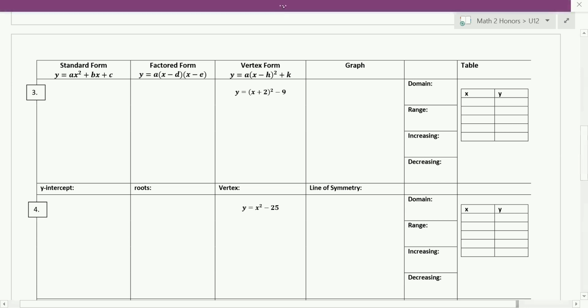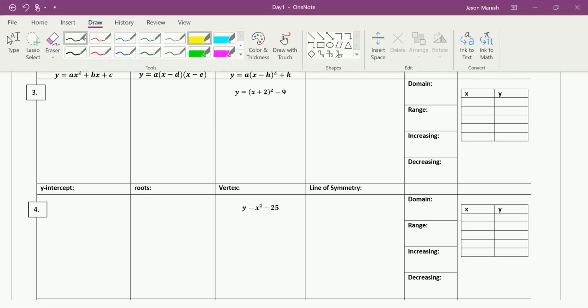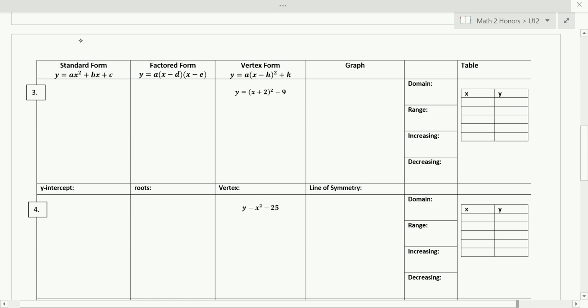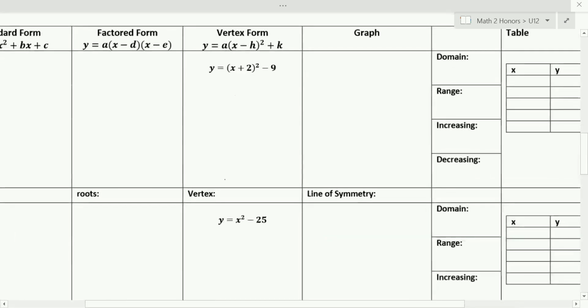What do you think is easiest to find when it's in vertex form? Any guesses? Maybe the vertex. Vertex form, vertex, right? So vertex, remember, is (h, k).